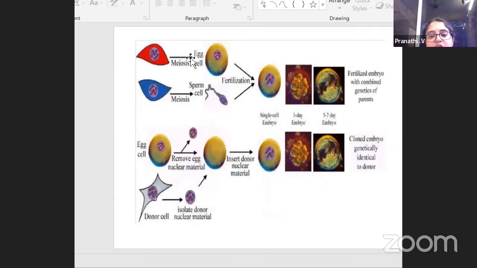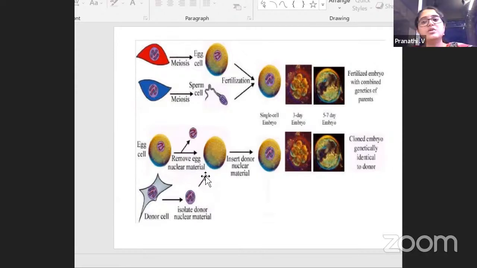So you can see, with meiosis you're going to get egg, sperm cell, fertilization. This is the single cell embryo, the 3-day embryo, the 5-day embryo. Over here, the egg cell is present, and you remove the nuclear material, the nucleus, and then you take the nuclear material from the donor cell. This will have the chromosomes.